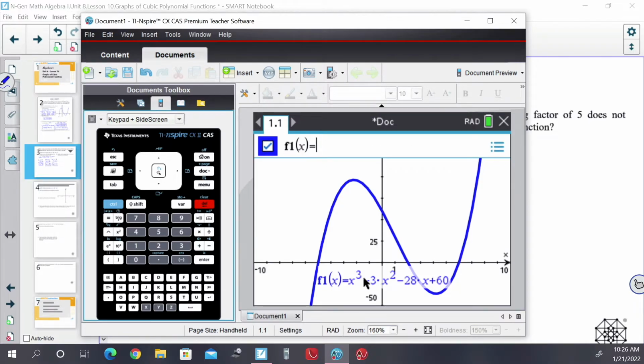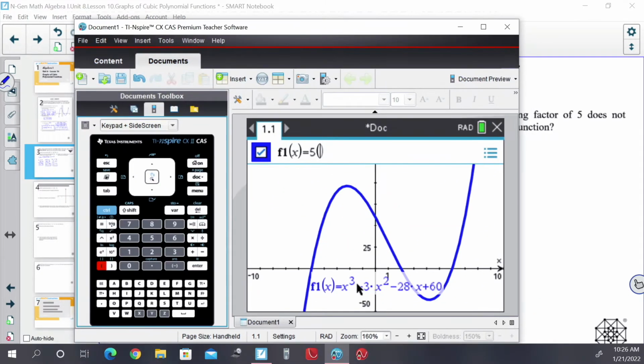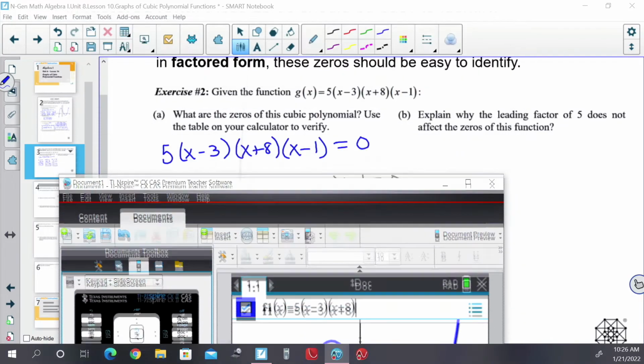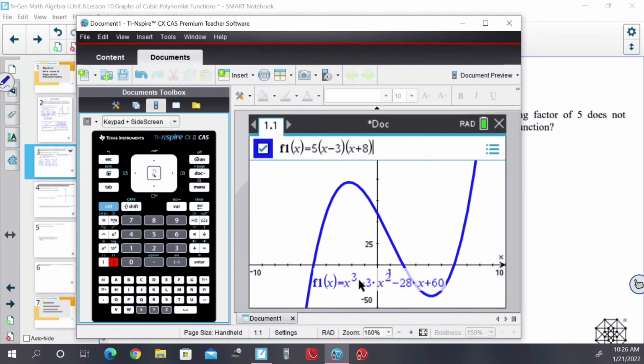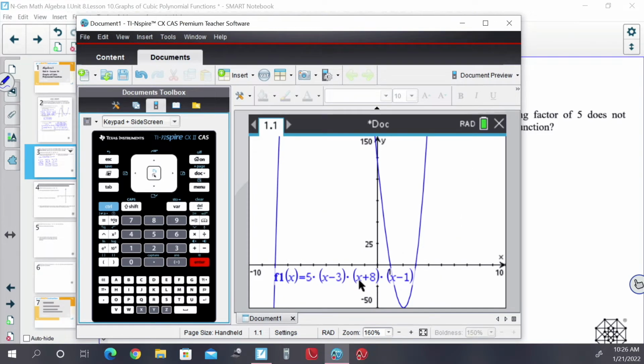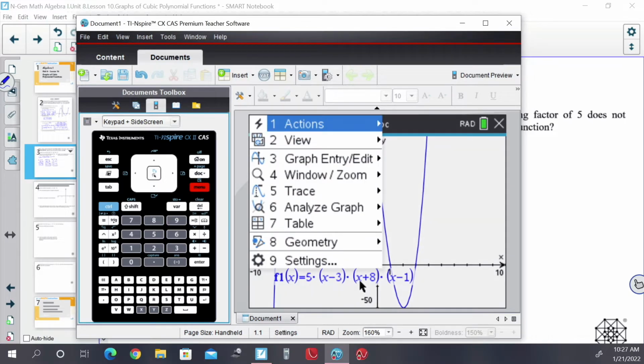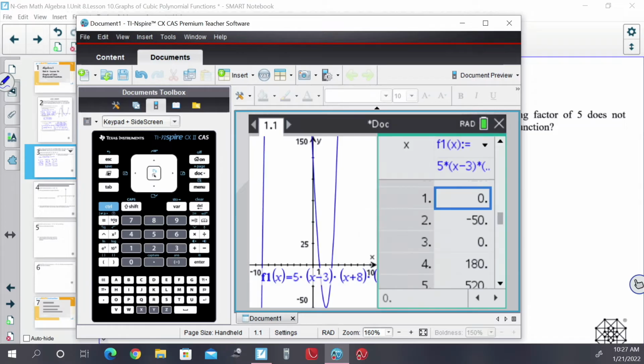Let's put in our new function, 5 times parentheses x minus 3 times x plus 8 times x minus 1. Let me make sure that looks good. 5 times x minus 3 times x plus 8 times x minus 1. Now remember, I don't really care about the graph so much here. I just want to verify this using my split screen table.